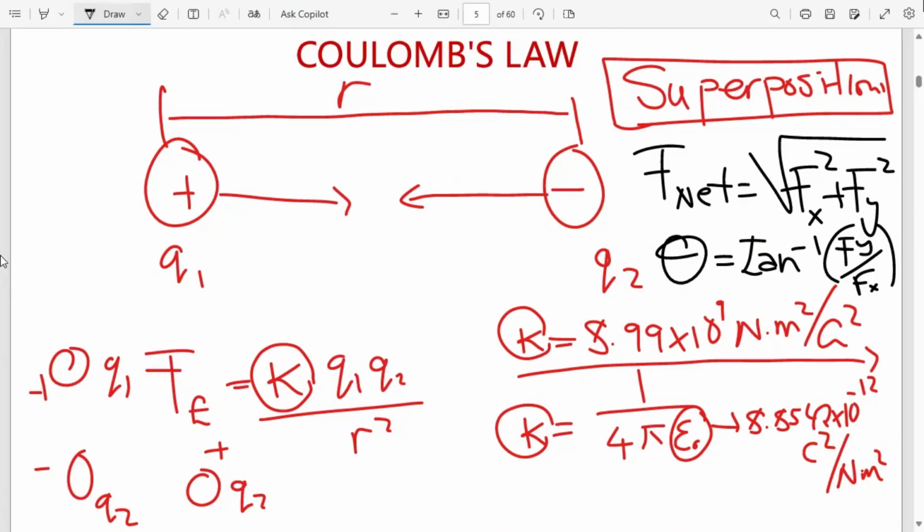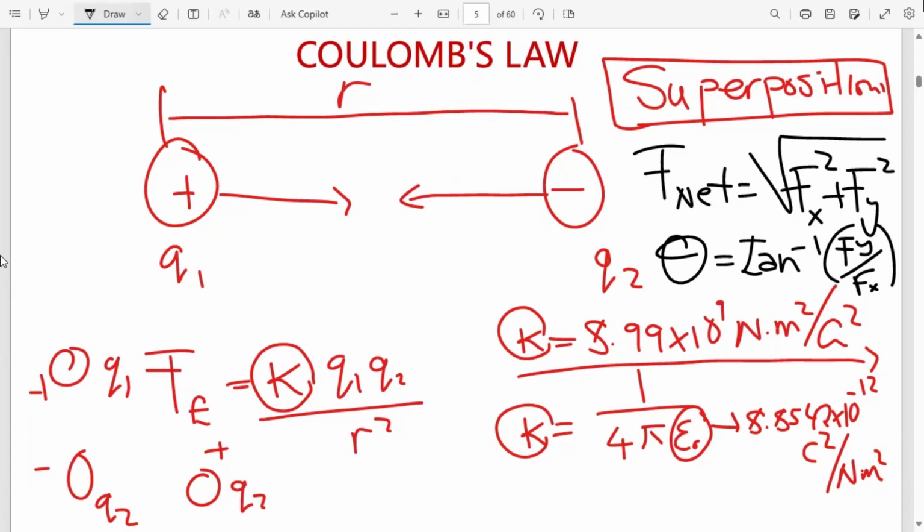So one thing you should also know is that the sign of the electrostatic force can depend on the charges that you're dealing with. If the charges are positive and negative, like in the example that I gave, Q1 is positive and Q2 is negative, you're going to find that your electrostatic force is going to be negative. And if it's negative, that means there is a force of attraction.